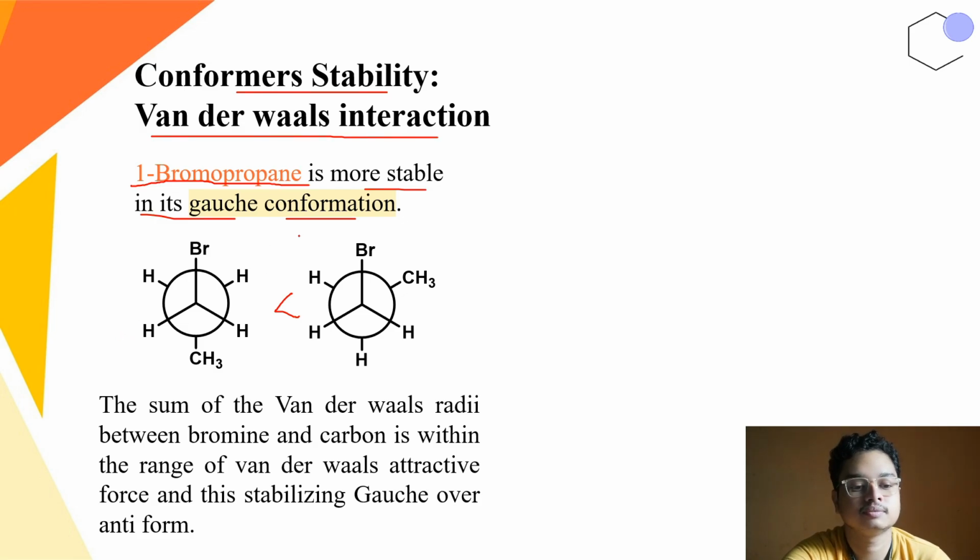This is because the C-Br bond length is much higher compared to the C-methyl or carbon-carbon bond. So bromine and methyl each have their own electron density, or we can say their own van der Waals radii.